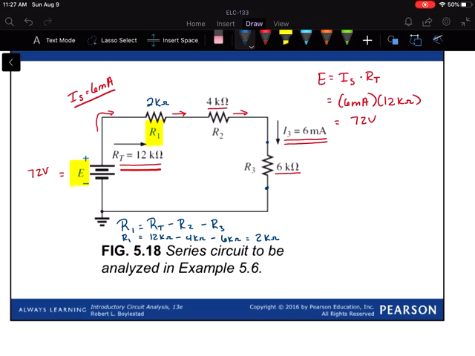Now, if you want to check what we've done here, what I would do is go ahead and find V1, V2, and V3 and see if they add up to that 72, just as another check. So for V1, we have 6 milliamps through a 2 kilohm resistor. So we've got 12 volts there.